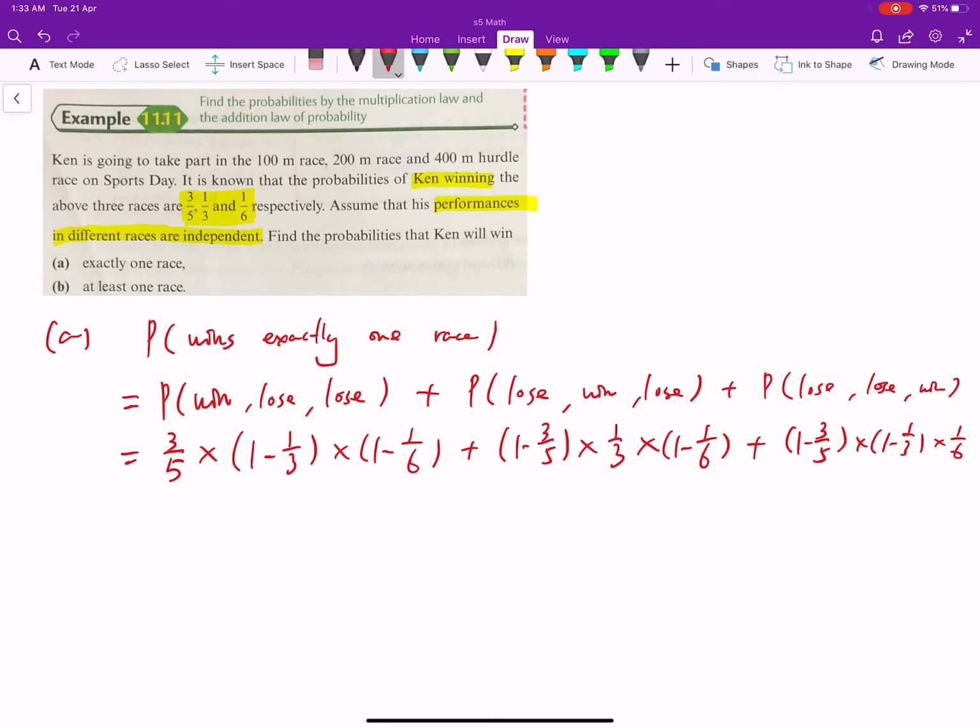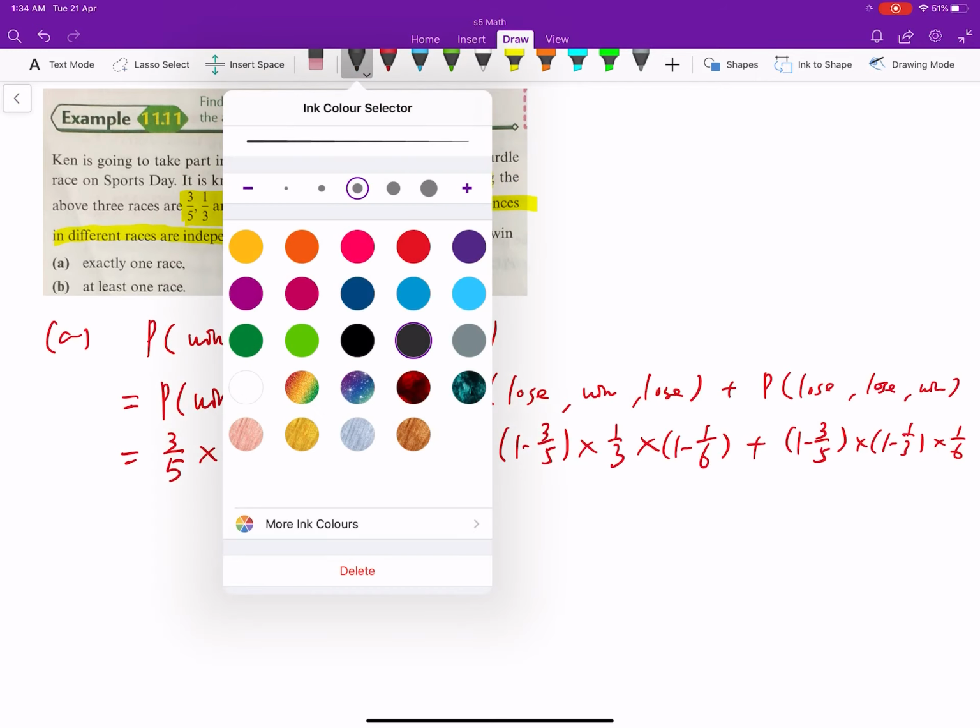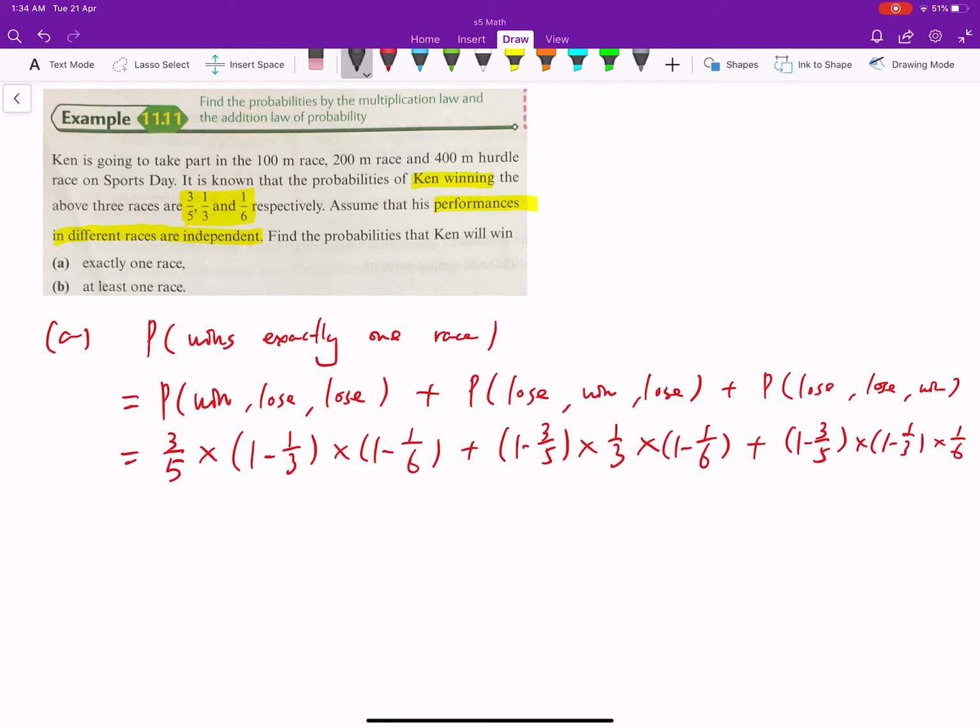So how to double check? Look at the first one: there should be 2 terms, 1 minus 3/5, and 1 3/5, which is this one. You can just check in this way, a very quick one.